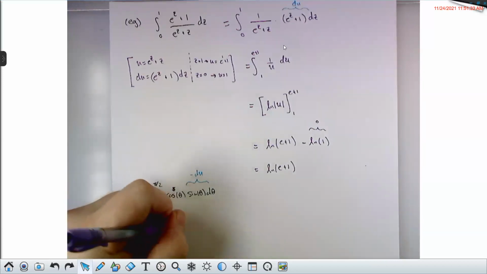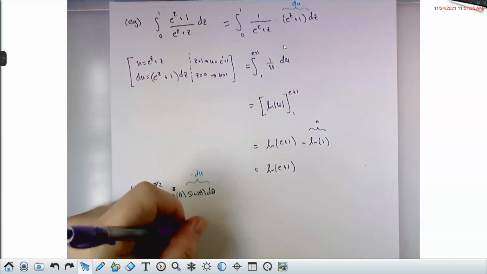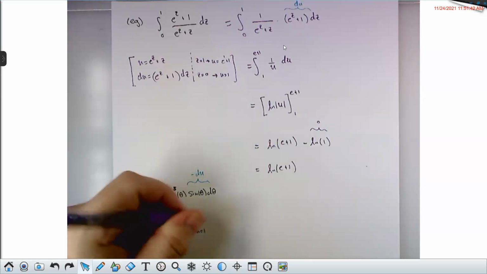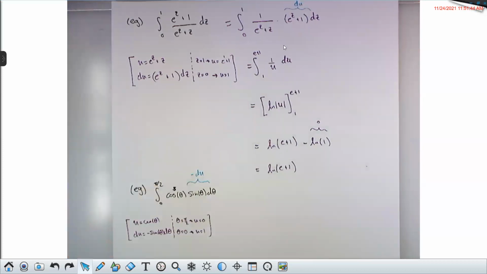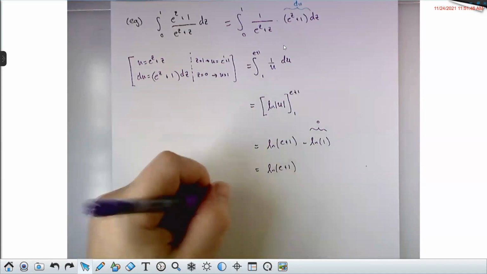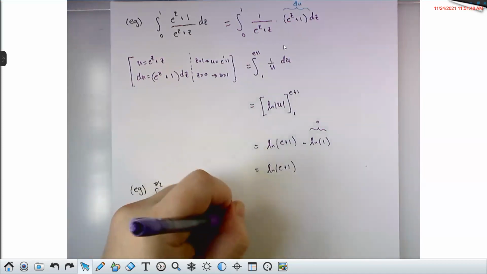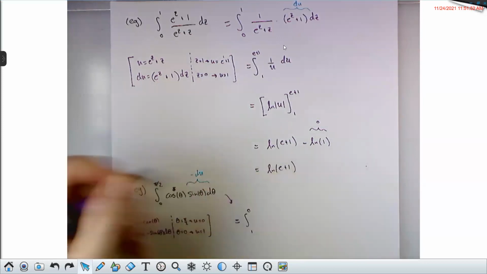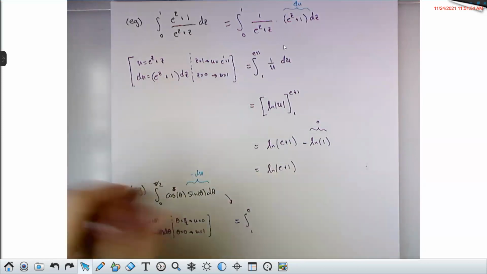Again, when theta is 0, u is 1. And when theta is pi over 2, u would be 0. Cosine of pi over 2 is 0. So this integral would become the integral from 1 to 0 of cos to the 5, which is u to the 5.